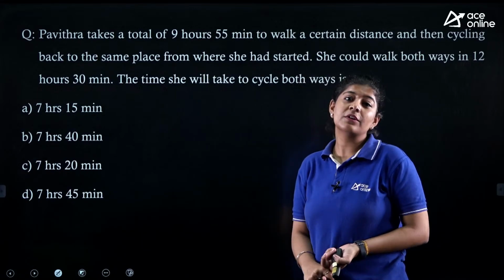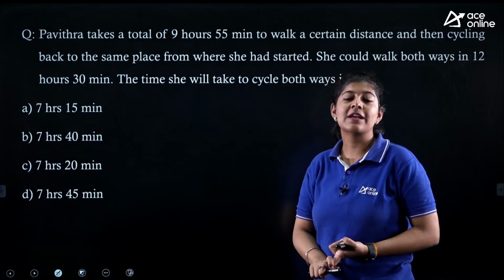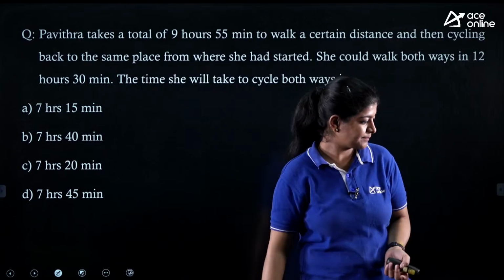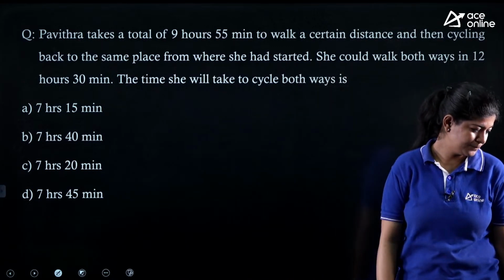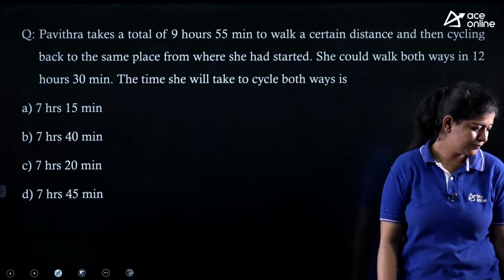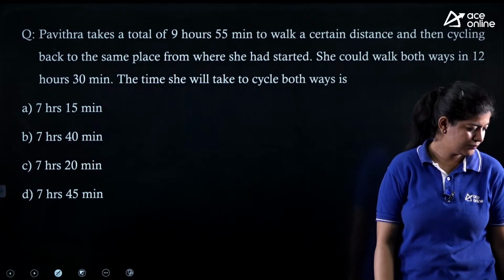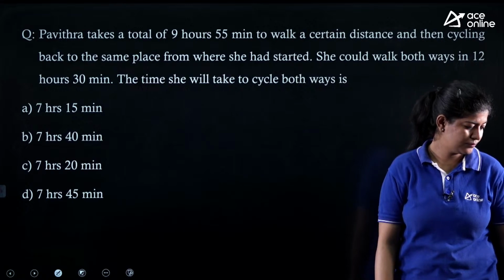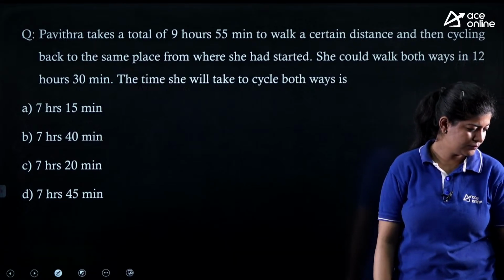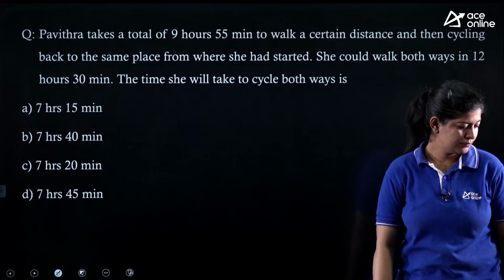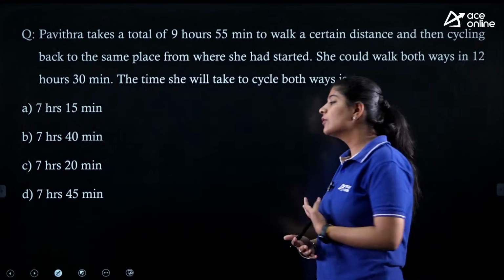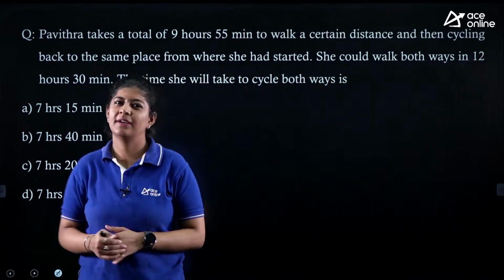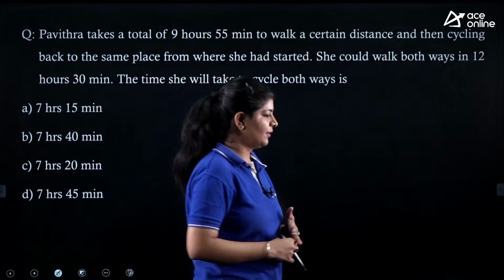Now we need to find out if she cycles both ways, how much time she will take. Again, it's a very simple one. All you need to do is create a small equation and you will get the answer.